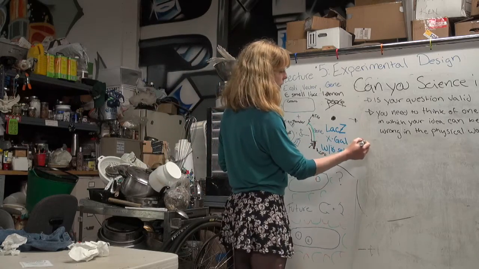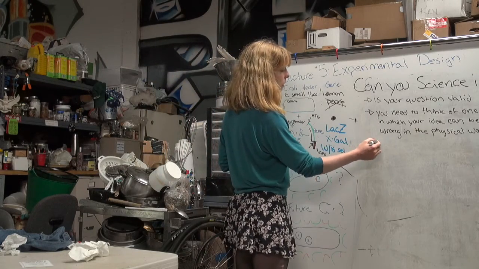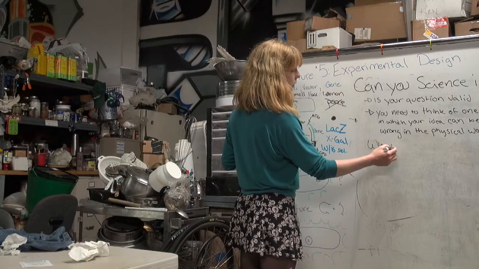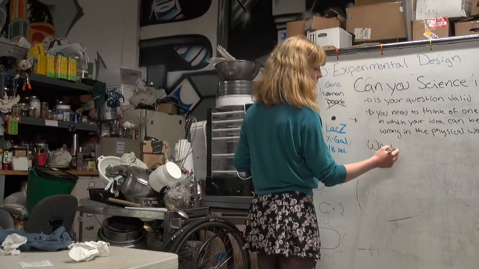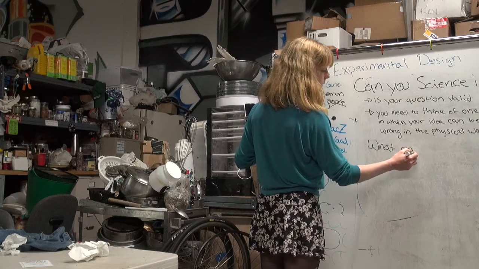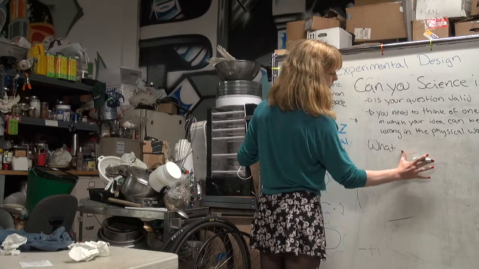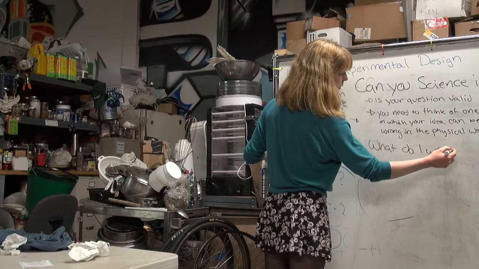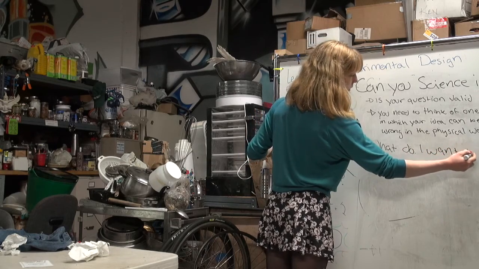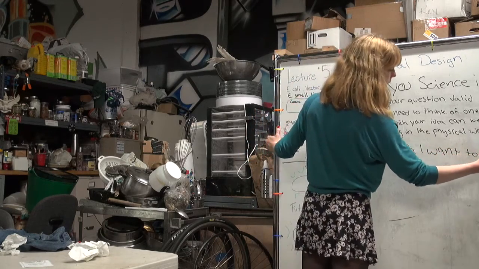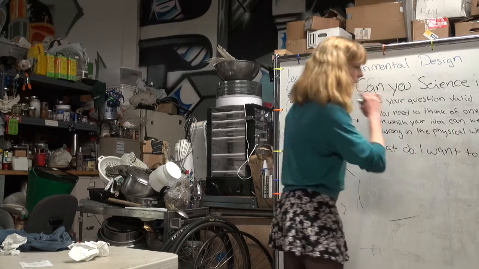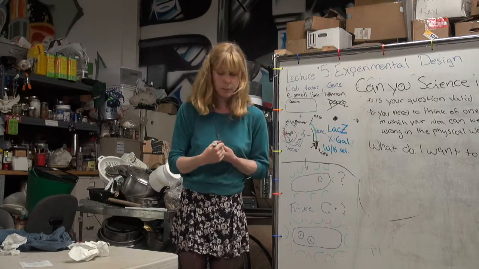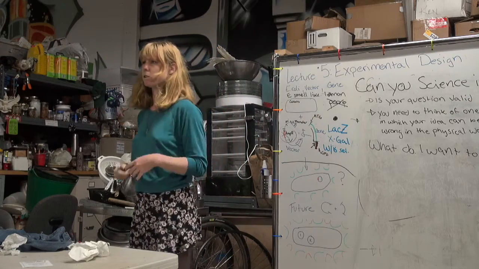So next thing is, all right, cool. I can think of at least one thing. Move on to: what do I want to see? And I'm saying see rather than prove because, one, I want to remind you that you're going to have to look for something physical.